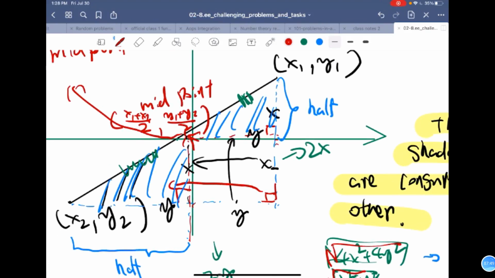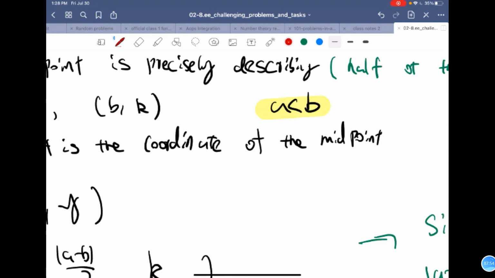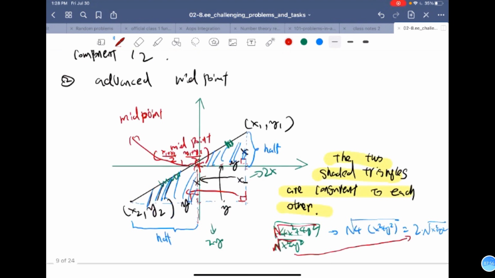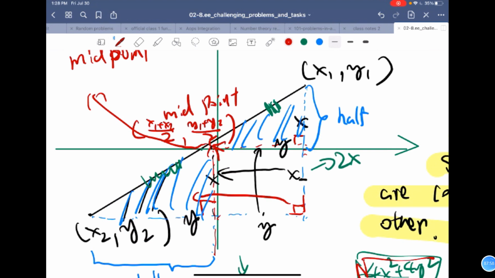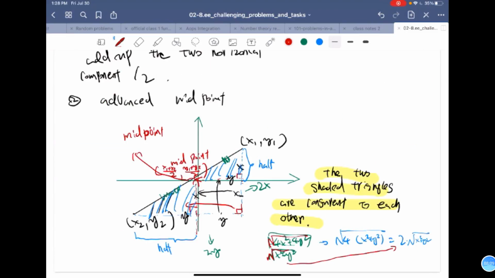Then it's pretty much needless to use Pythagoras theorem because you have the angle in between to be the same, so it's just congruent triangles. Whereas if you haven't observed this point, Pythagoras theorem will be a brute force way to prove this. All right. Oh, okay.